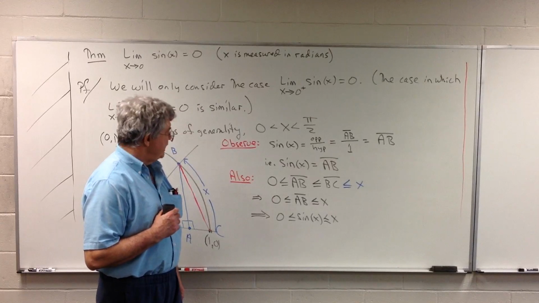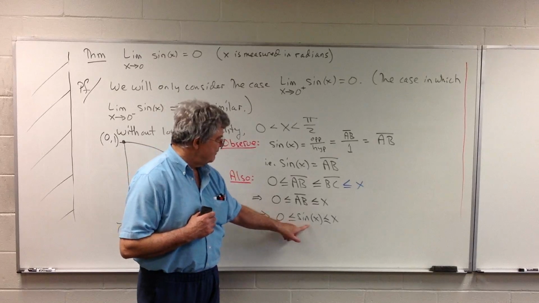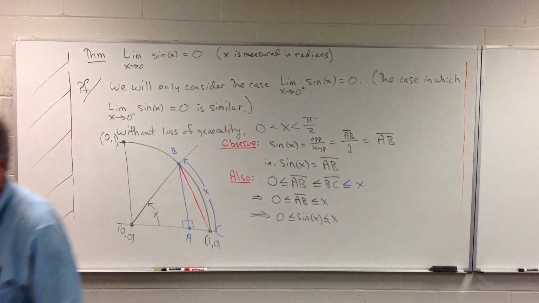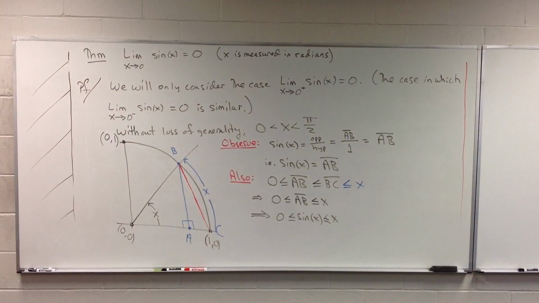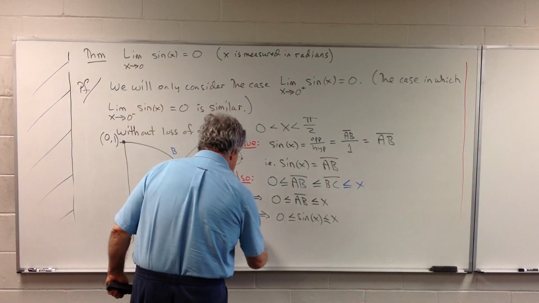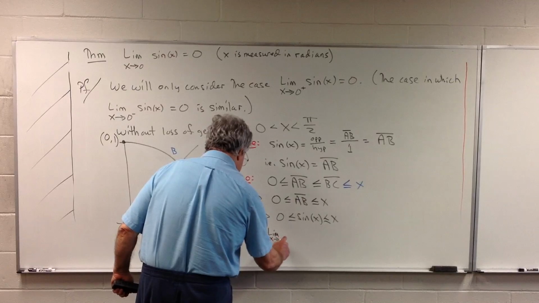So I can say that 0 is less than or equal to sine of x, which is less than or equal to x itself. I'm going to use the sandwich theorem now, and I compute the limit of all three sides.